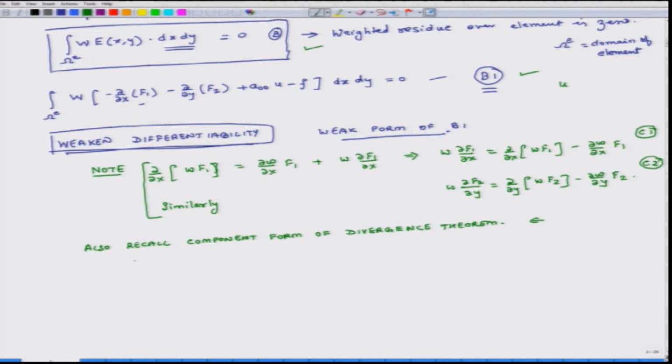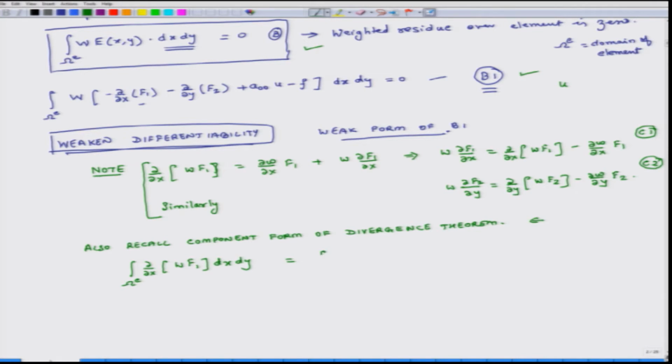The component form of that divergence theorem says that if I have an integral of the partial derivative of, let us say, any function W times F1, then the left hand side is an integral over the domain of the element.